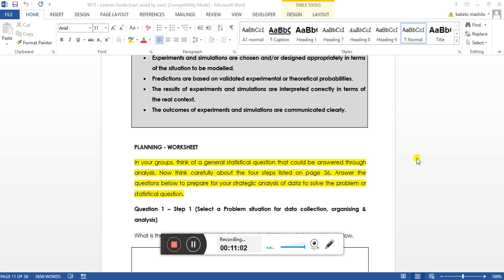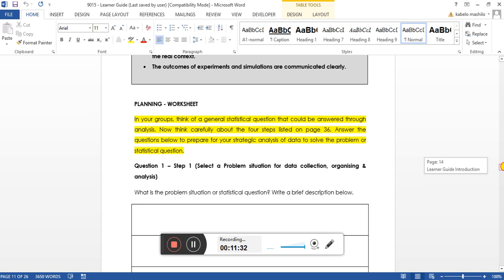Okay, guys. Basically, what they require in this activity is that you think of a general stats question. For example, you can think of the current pandemic that we're in, the coronavirus. You can derive a stats question from that situation, and then you have to answer these questions based on that stats question.